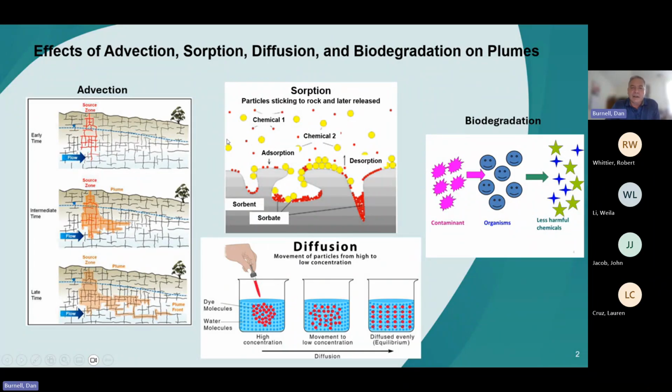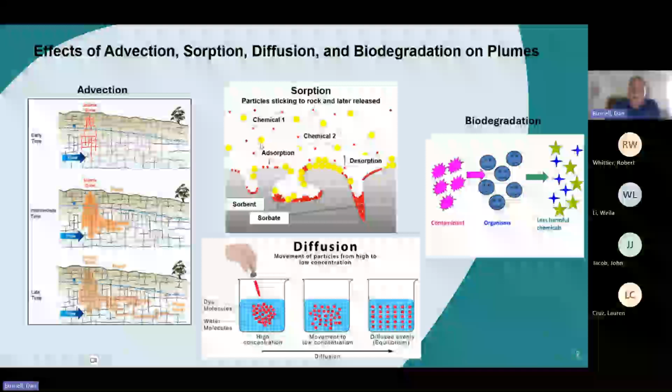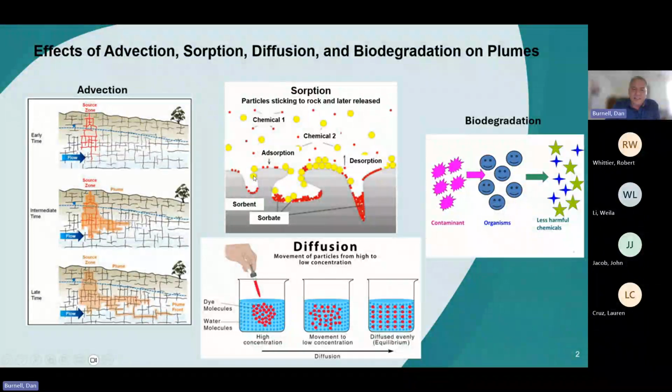And here, as the groundwater carries these contaminants, sometimes they will stick to the volcanic rock and also organic carbon, and we call that process adsorption. And over time, though, as groundwater continues to move and the chemistry changes, these chemicals can unstick too, and we call that desorption.